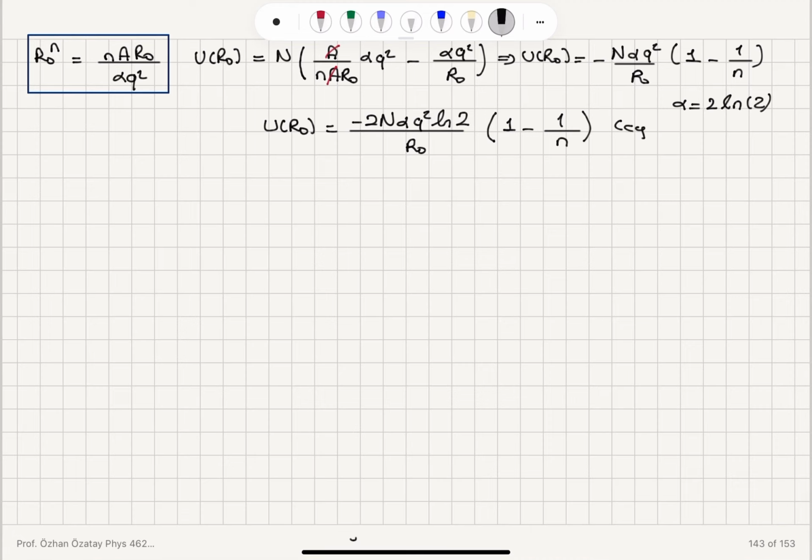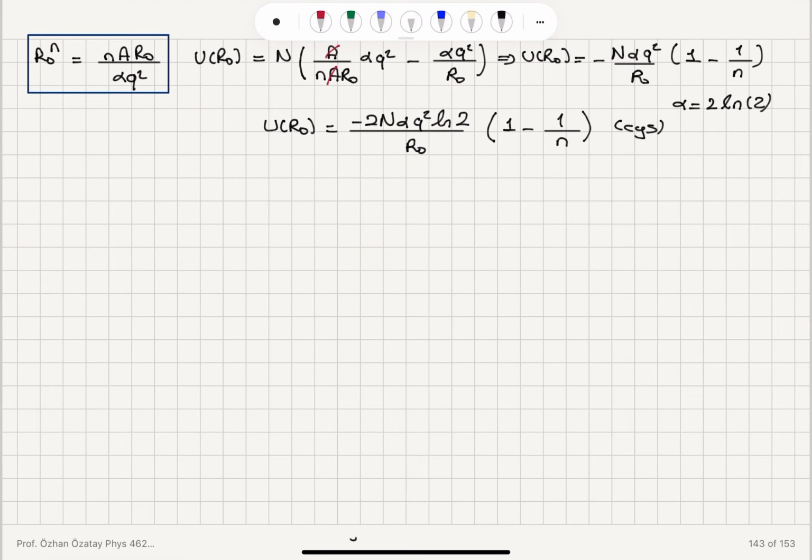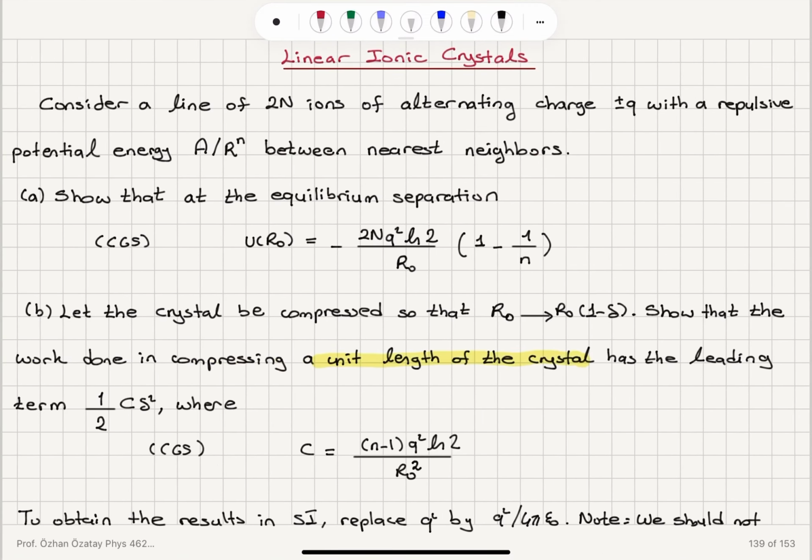And this is in CGS. Remember that in order to convert to SI, all I have to do is replace q squared with Coulomb's constant times q squared, 1 over 4 pi epsilon 0 q squared. Now let's check if this answer matches the suggested answer in the problem statement: minus 2 capital N q squared natural log 2 divided by R0, 1 minus 1 over n.